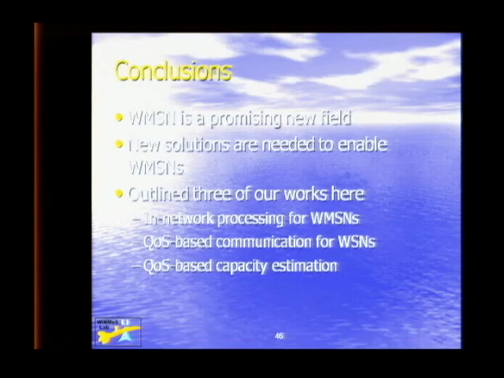So basically, this is just another thread of work that we hope will tie into wireless multimedia sensor networks in the future. Currently, we are working on detailed models of multi-hop communication across a wireless network under, let's say, a service differentiation-based medium access control protocol such as 802.11e.